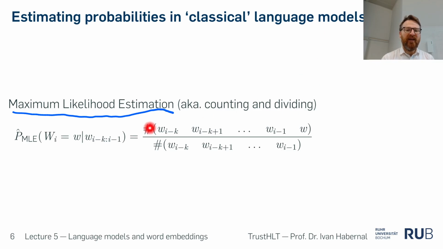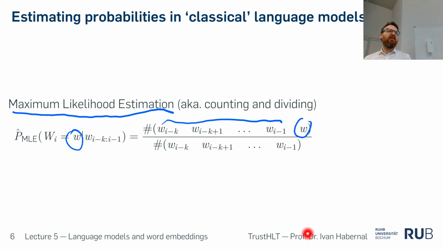So these are the context words, and the words we are trying to get a conditional probability about. We just count these occurrences, divided by the occurrences of the others. Okay. Any questions? Counting and dividing? Makes sense? So what could be the problem here?